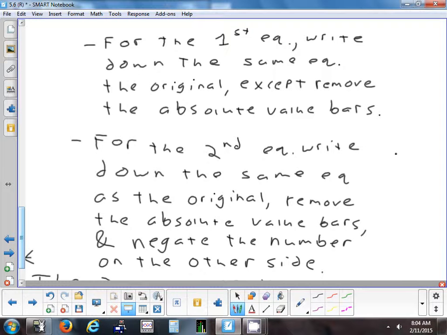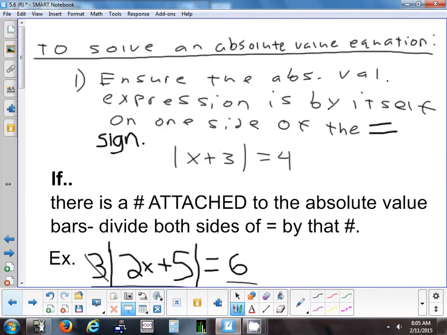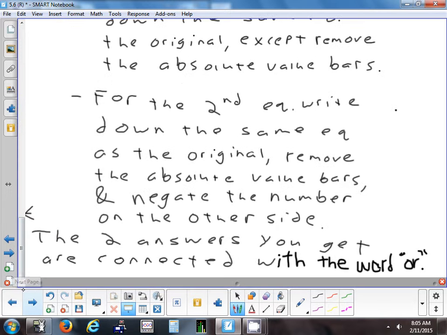So we copy down the same equation again, take away the bars, except change the sign of the number on the other side. And now we've got one last step, which is that in between the two answers, you need to put the word or.